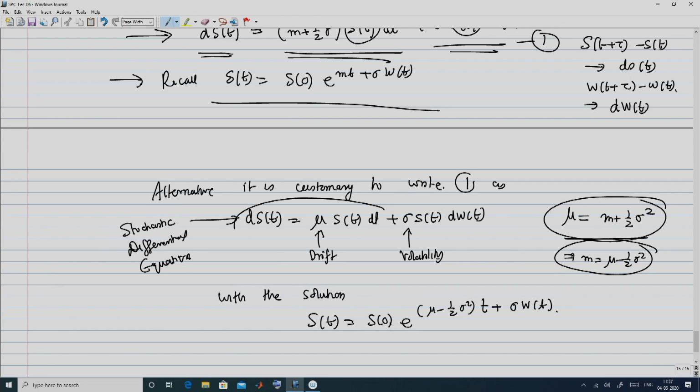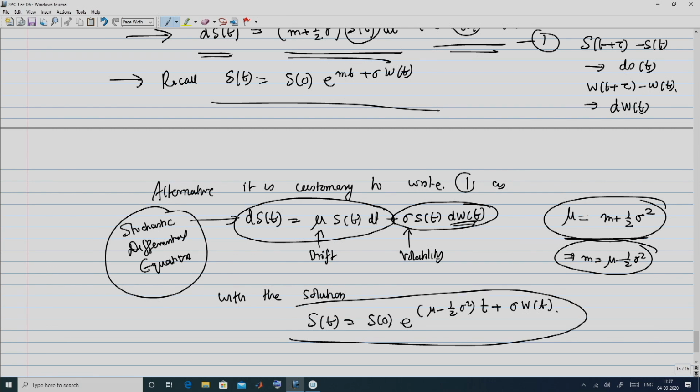If you had only the first two terms, this would be an ordinary differential equation, but now you have added this term which has the Wiener process, which is a random variable. So, this becomes a stochastic differential equation, and its solution under some conditions is given by S(t) equal to S0 e raised to (mu minus half sigma squared) t plus sigma W(t).